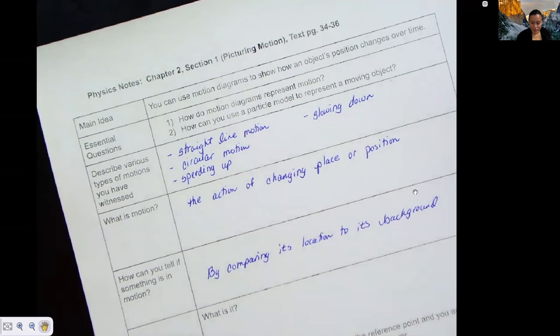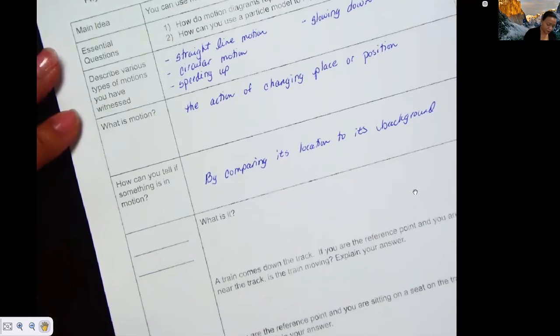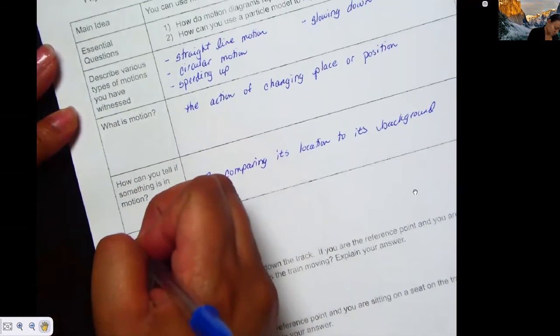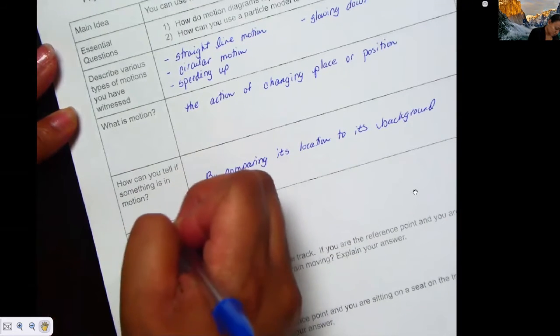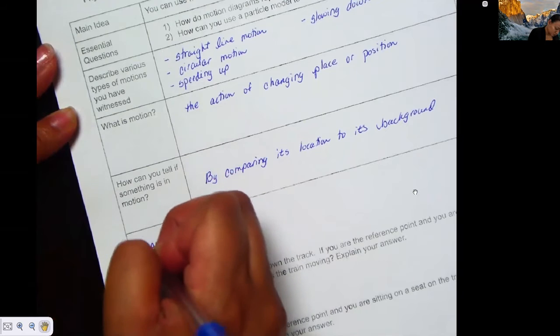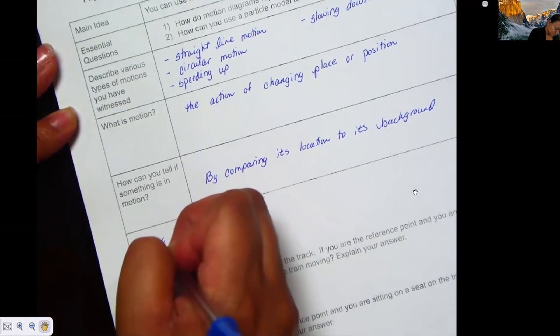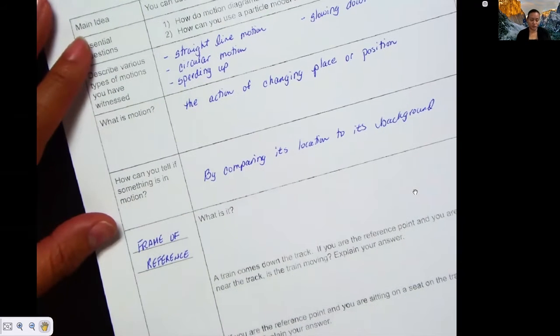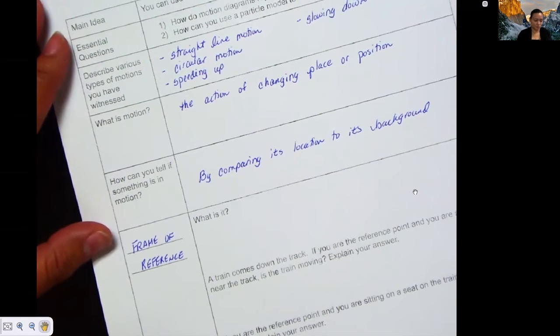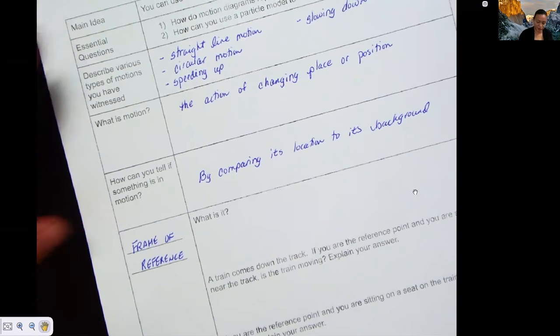So what this means is that you're using some type of frame of reference to determine if an object is moving. So what is a frame of reference? A frame of reference is a coordinate system for specifying the precise location of objects in space.